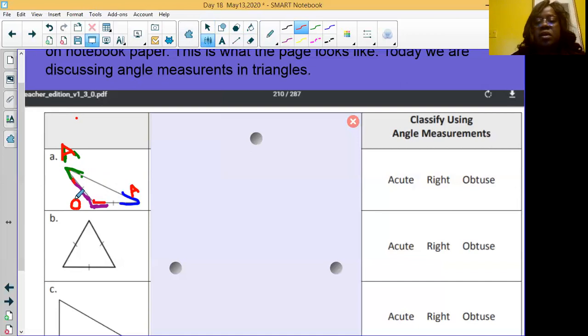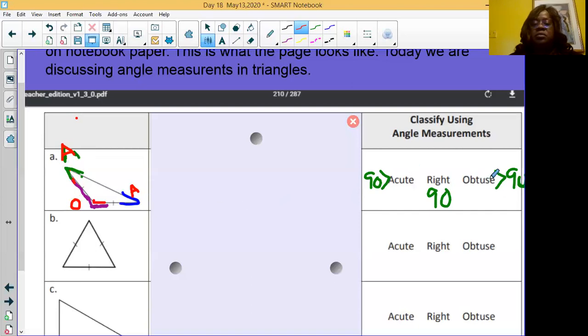So when I think of obtuse angles, they are greater than 90 degrees. I know a right angle is 90 degrees, and I know an acute angle is less than 90 degrees, okay? So when I look here I have an obtuse, acute.